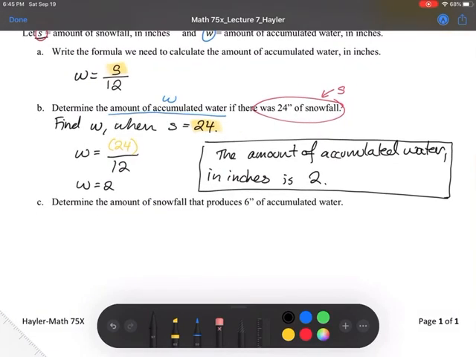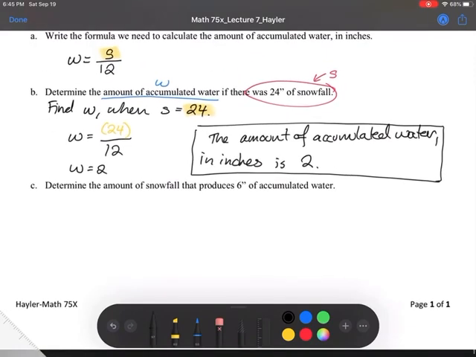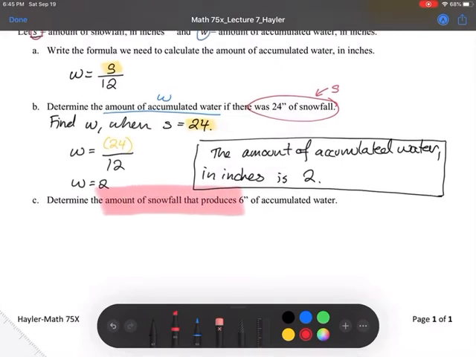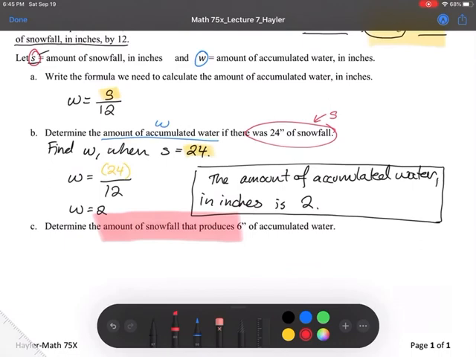All right, part C, last part. Determine the amount of snowfall that produces 6 inches of accumulated water. So this time we're trying to find the amount of snowfall. The amount of snowfall is S. So we're trying to find the amount of snowfall that produces 6 inches of accumulated water.